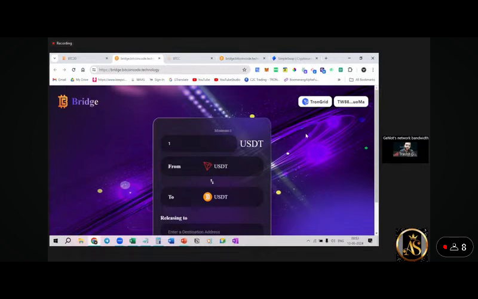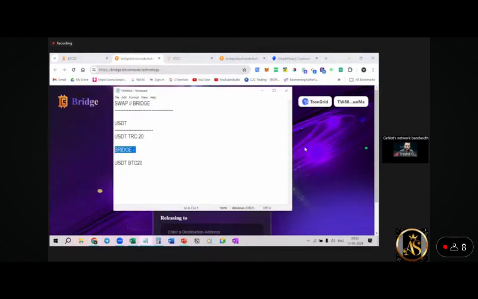As of now, with our bridge-in feature, we can bring in TRC20 and convert it to BTC20 directly from the interface. For this, you require two wallets. Understand this properly. One would be a Tron wallet, and the other one would be a BTC20 wallet, and that is MetaMask.